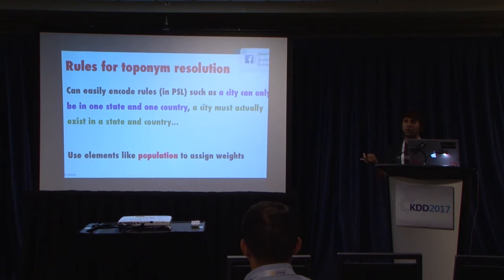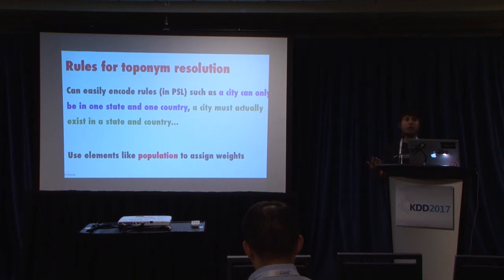So PSL would use those constraints to only assign non-zero probabilities to the Hong Kongs that actually exist, and would assign higher probabilities based on what else you've extracted. So if you've extracted Hong Kong, Asia, then the Hong Kong in Asia will get high probability. If you have London, Ontario, Canada, normally, a priori, the London in the UK is more probable because it has higher population or higher significance, which maybe you can weight in your rules.